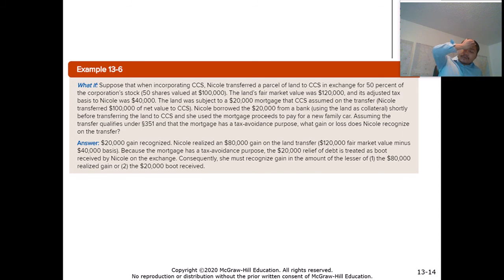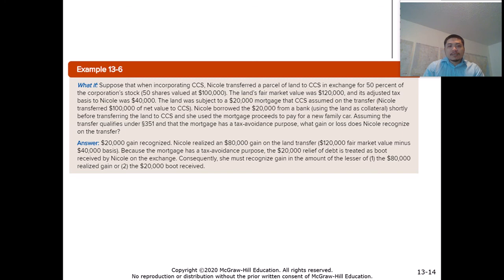First of all, why does this transaction have a tax avoidance purpose? In this case, Nicole gets sneaky. She borrows money right before she transfers the land, using the land as collateral to borrow $20,000, and then transfers it to the corporation.